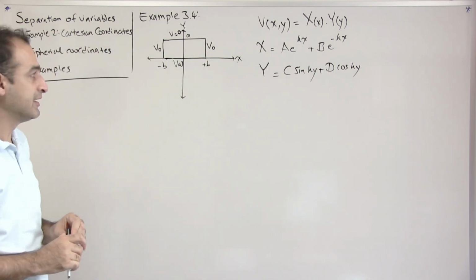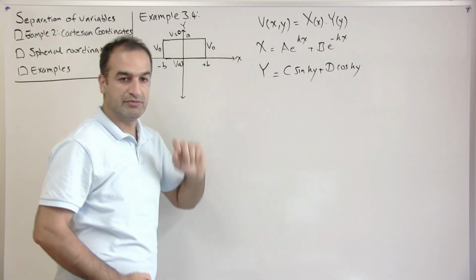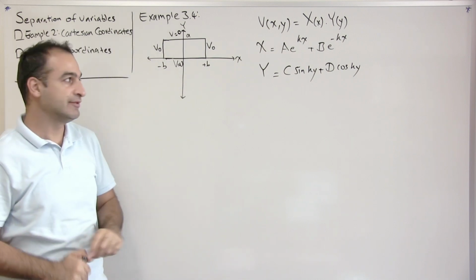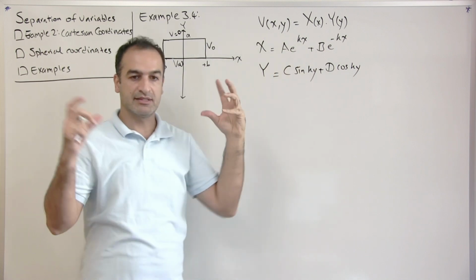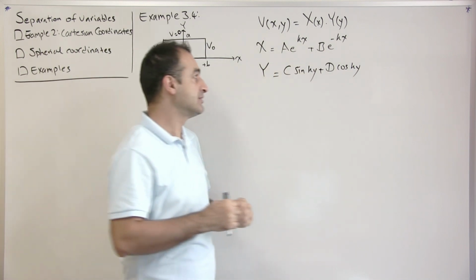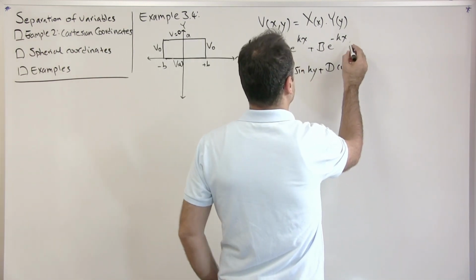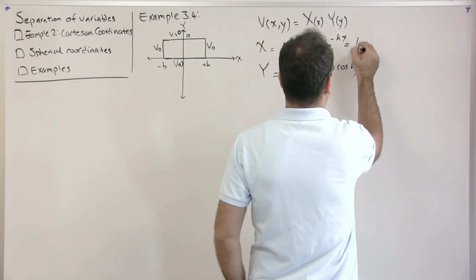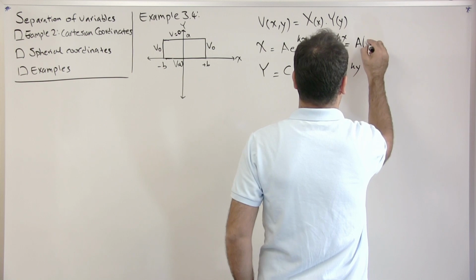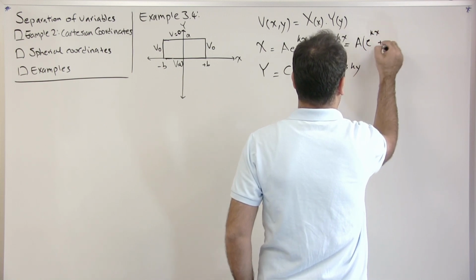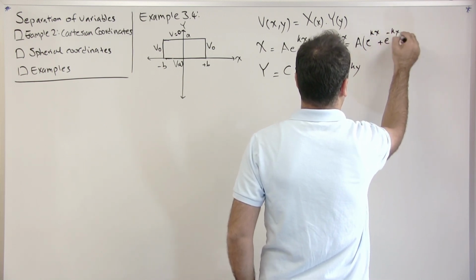So the function X should be an even function. In order to make it even, we need to choose A and B to be exactly the same. So B should be equal to A, and this should be A times e to the kx plus e to the negative kx.